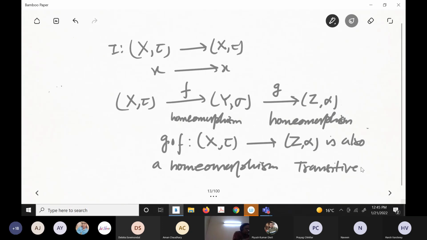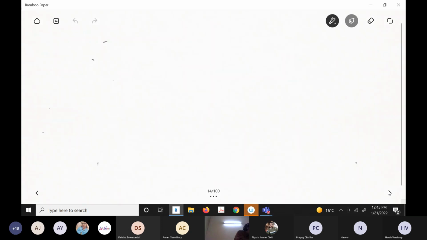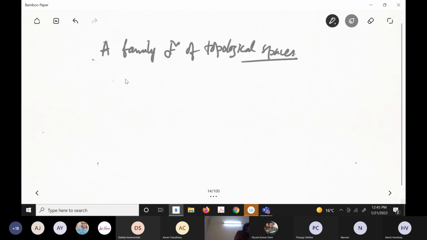That means if you take a family of topological spaces, now I will define this relation on this family: X star is related to Y sigma if there exists a homeomorphism.